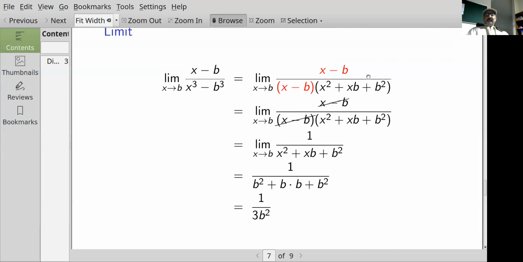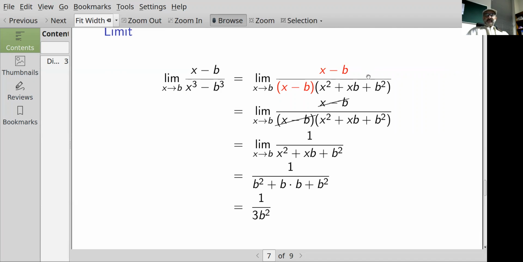Now we've got an x minus b in the numerator and an x minus b in the denominator. We can cancel them. One thing you should take care of when you're canceling is that you're not canceling by 0. But when we say x goes to b, we mean that x gets arbitrarily close to b without ever being equal to b. So that means that x minus b is not 0.